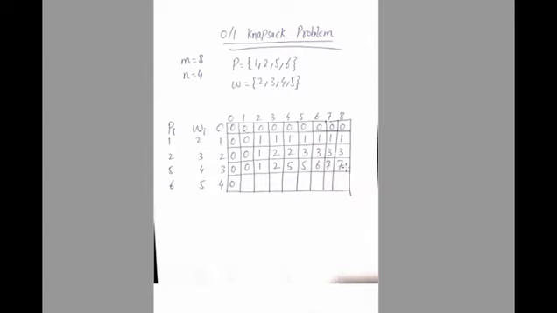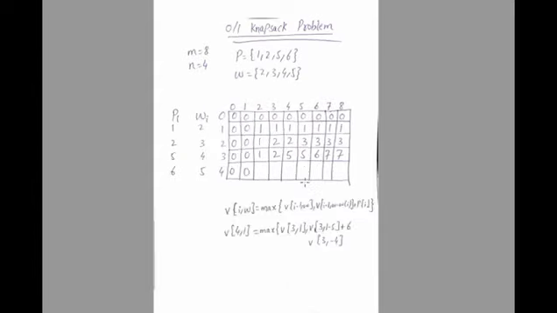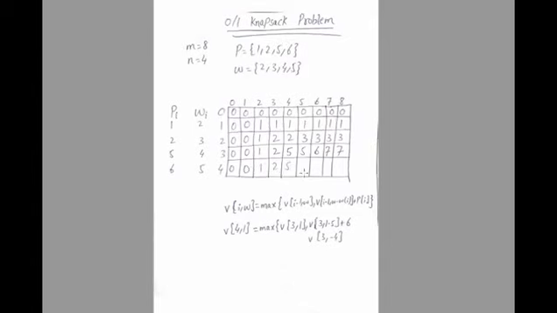So now we will come to the fourth object. In the fourth object we will see the weight of the object, that is 5. We will come to the weight 5, and the profit is 6, so we will write 6 here, and the previous ones will remain the same.